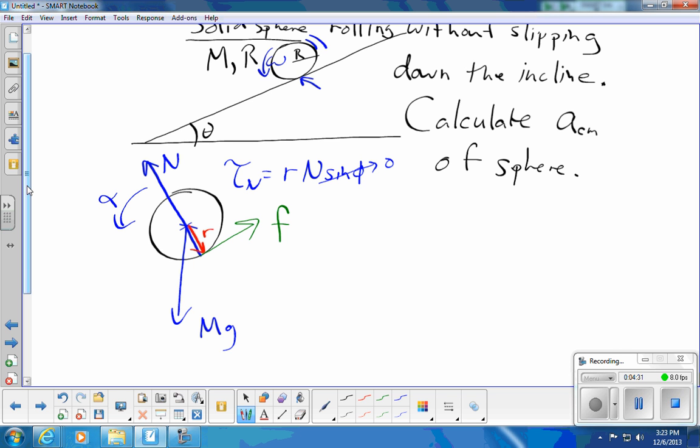And that grip opposes the way it would slide. It would slide downhill, and so we have this static friction force, which is acting uphill to prevent it from slipping. And the static friction force also ends up providing the torque required to make this thing rotate faster and faster and faster. So there's our completed free body diagram along with a radius vector r, which is not a force, of course.